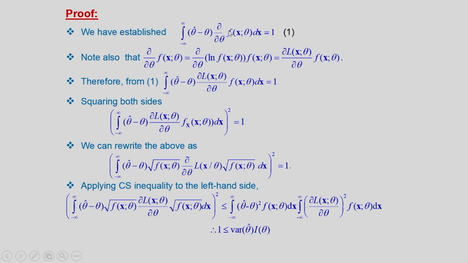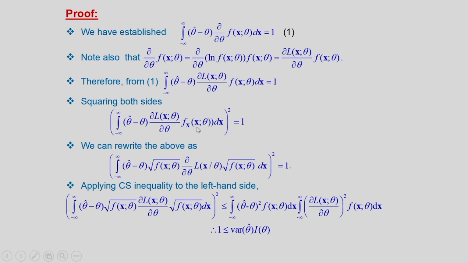Therefore, expression 1 can be rewritten as the integration from minus infinity to infinity of (theta hat minus theta) times del l of x theta by del theta times f of x theta dx is equal to 1. This is the modified form of this equation. Our aim is to apply the Cauchy-Schwarz inequality to the left side of this expression. So, we first square it, and this will also be equal to 1.